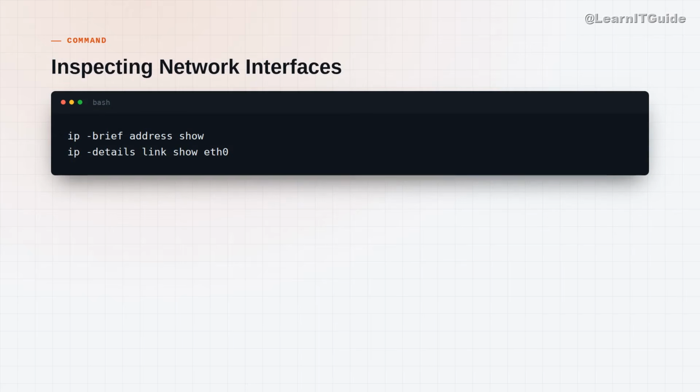The first command is how you quickly audit your systems. The brief flag cuts through the noise and shows you just the interface name, status, and assigned addresses. The second command provides deep details about a specific interface. If you are debugging a physical link issue, this output will show you the exact MTU, hardware address, and carrier state.